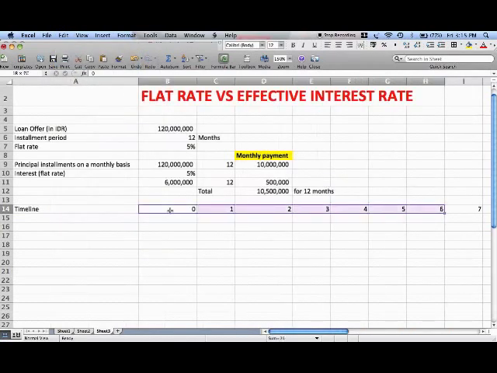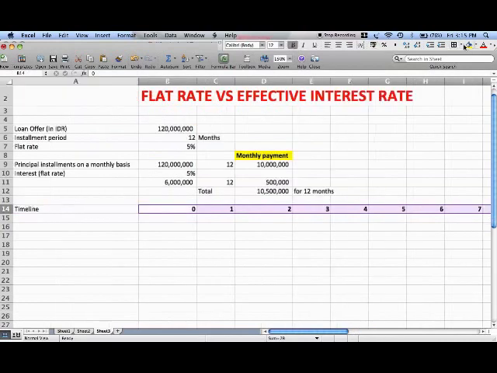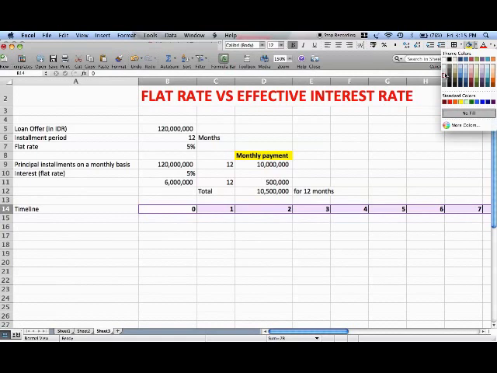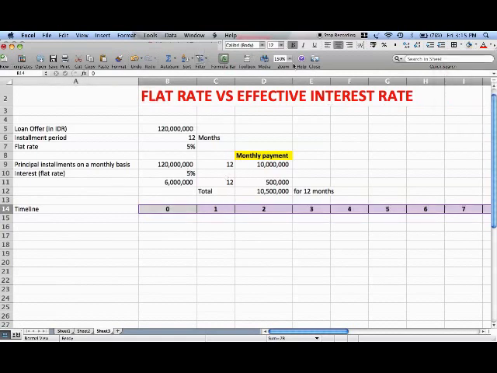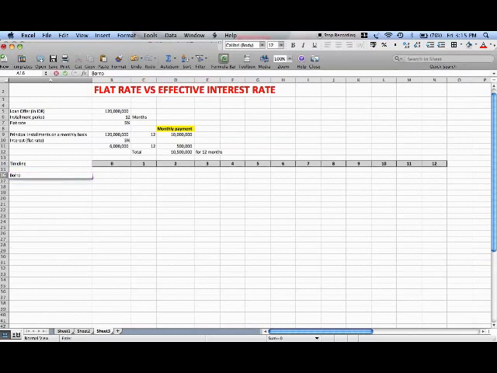So in today, 0, this is the amount of loan that you got. You got the money, the loan. So I put plus, because that goes straight to your pocket.